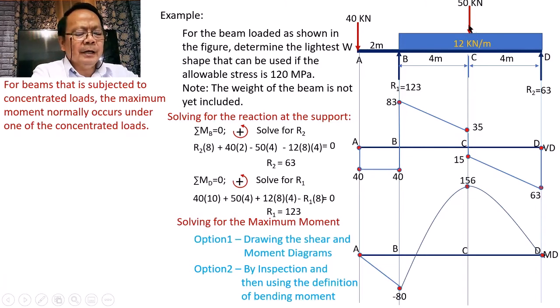So, kaya, asahan natin na yung maximum bending moment will either occur under B or under C. At yan ay nakita nga natin because the shear crosses the diagram at B and at C. And hence, we expect na yung maximum bending moment will be at B and at C. Di lamang natin alam kung alin ba sa dalawa ang negative at positive. At base dun sa ating computation, it is positive at C.